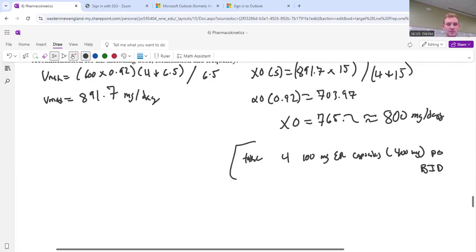He also has, you can take 300 in the morning, 200 at noon, and 300 at night.